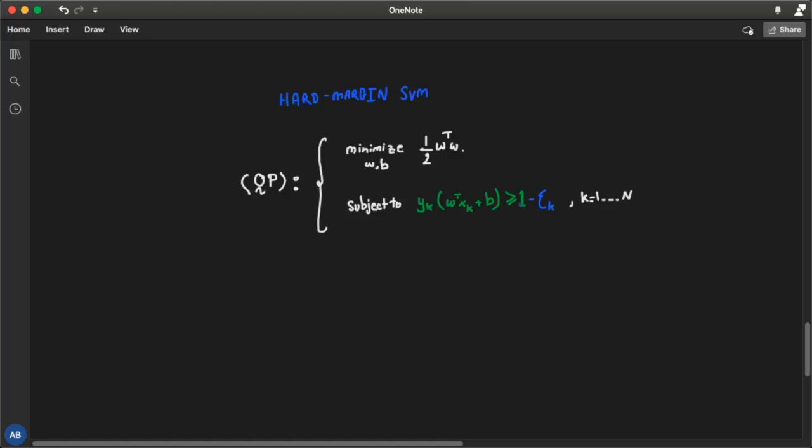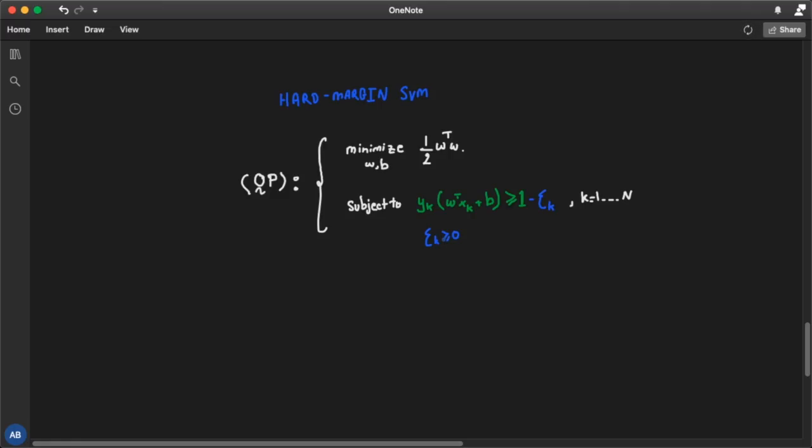Formally speaking, this new constraint will allow an adaptive margin. Here my psi k's are positive; they're not allowed to be negative. If it's negative, it means I'm getting a smaller margin.